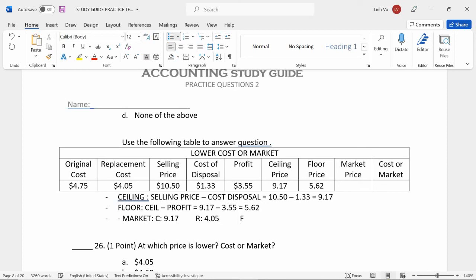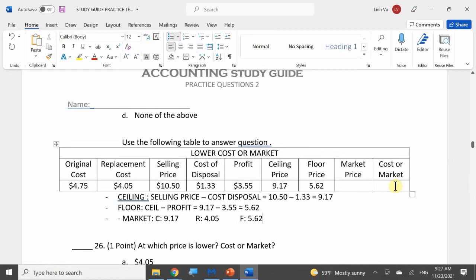And of course, my floor is going to be $5.62. So in this case, which number is going to be falling in the middle? Which one's the lowest, which one's the highest, and which one is just floating in the middle? The middle is the floor price. Good. The floor of 5.62, right? That's definitely higher than the 4.05 replacement cost.